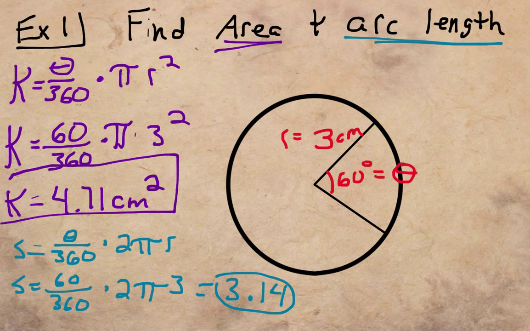Now, arc length, guys, we're looking at that as my arc length. Okay? Remember, we talked about arc length. Area is just the whole section of this circle inside the circle. Okay? So that's what we just found.